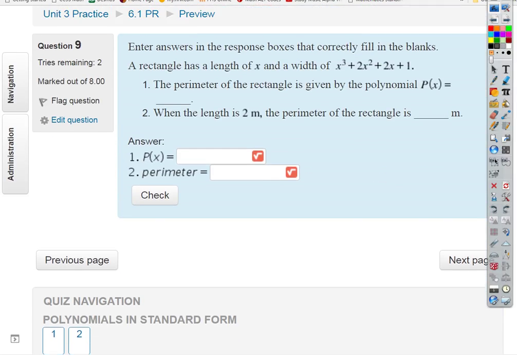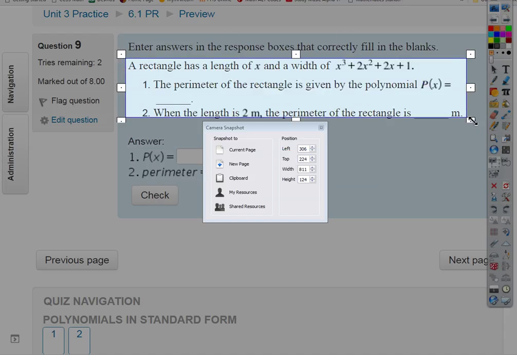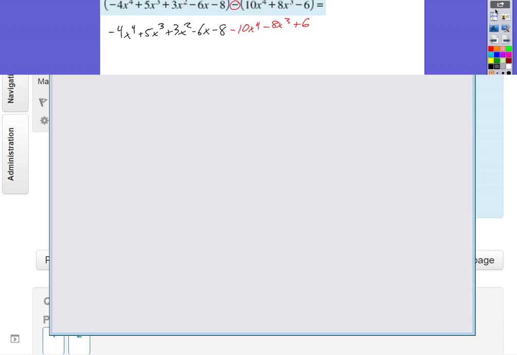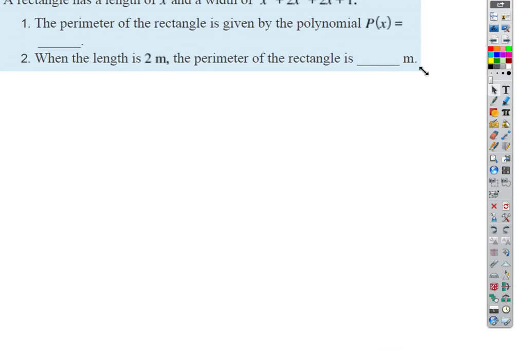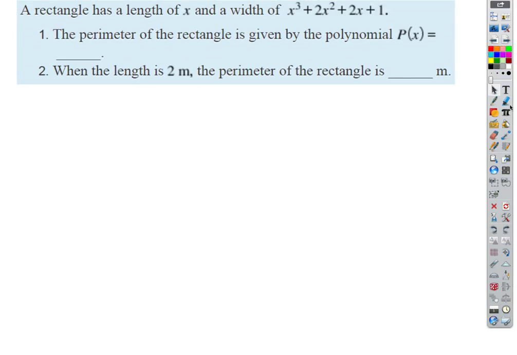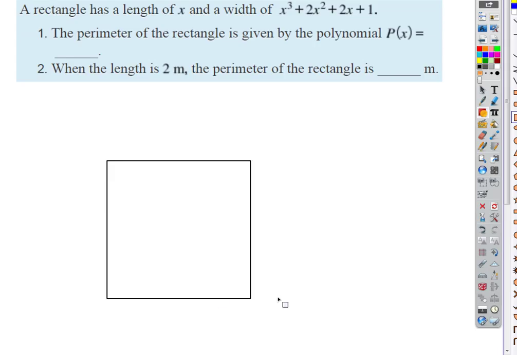So what if we take this one, real quick here. So if that's my, I guess I made it a square.